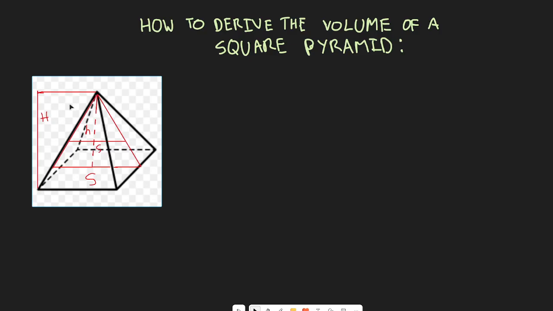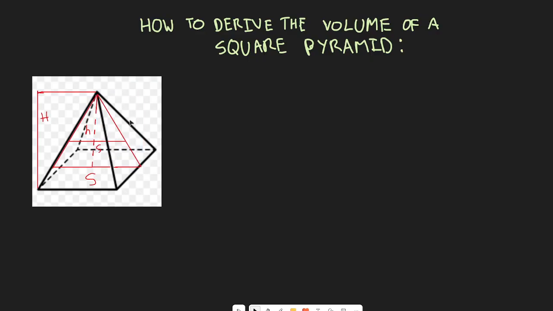Okay, so now let's get to calculating the volume of a square pyramid. Over here, I defined a few variables. I defined the total height of the square pyramid as uppercase H, and I defined the side length of the square base as uppercase S. And then I put a line over here. So let's say you take a line, right? And that line is dividing the square pyramid.